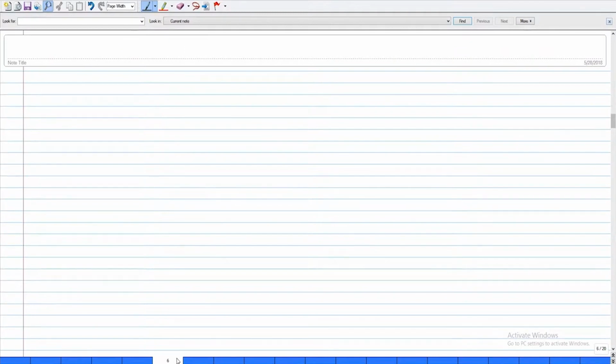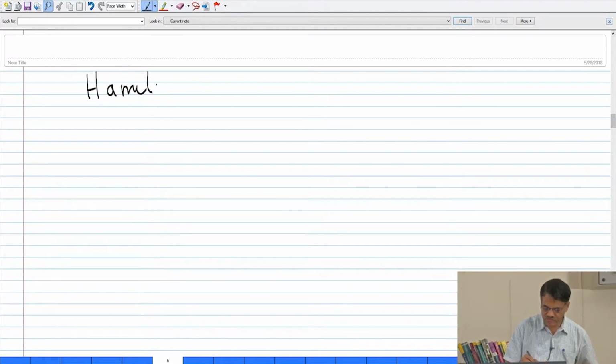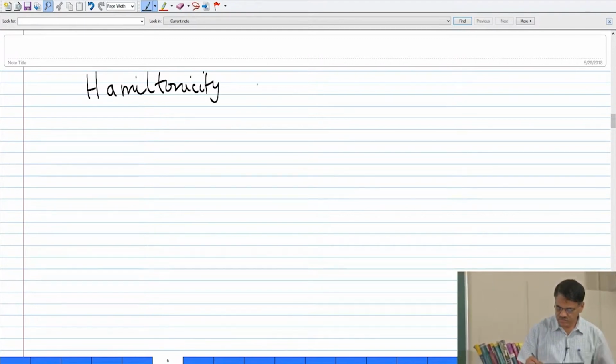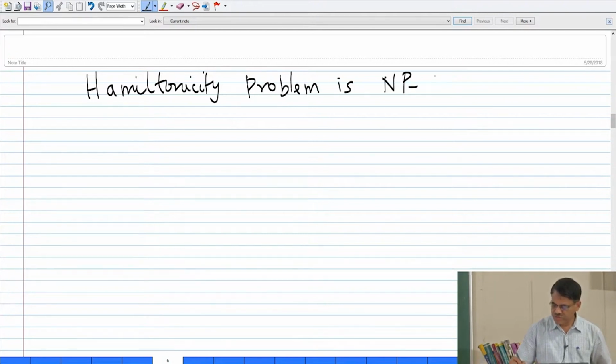Now in the next about half an hour, I am going to show that Hamiltonicity problem is NP hard. These problems are also NP complete, but I am just saying it is NP hard.